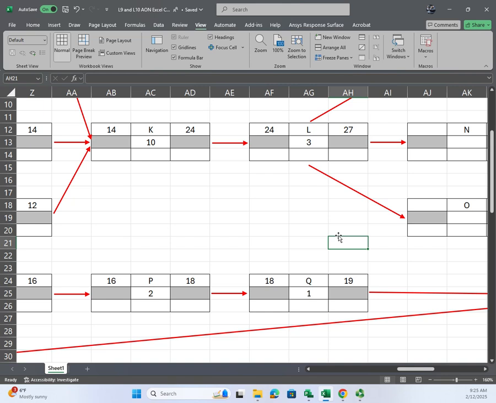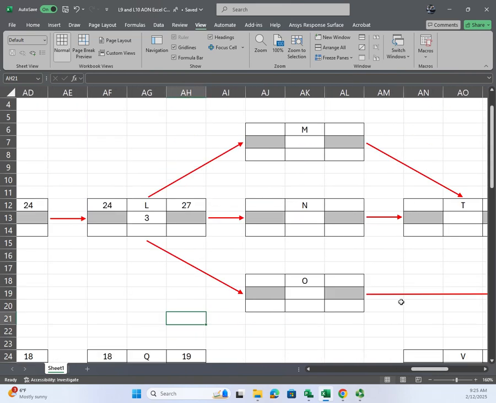Okay, so now comes the fun again, because L has three children below it. Successor, thank you. Okay, so M, N, and O, what's their early starts? 27. Okay, I thought I heard 26.